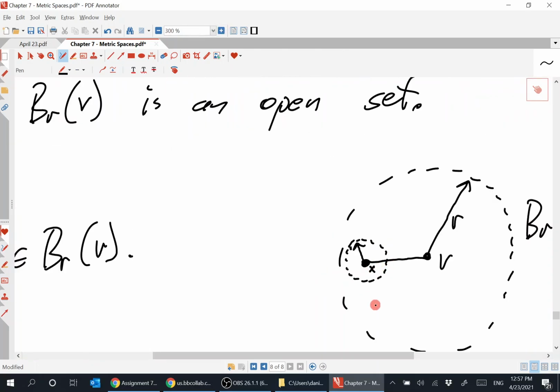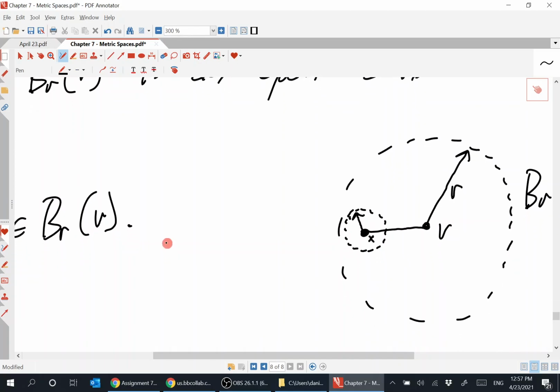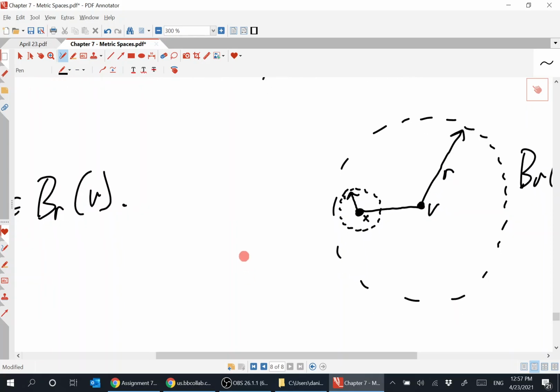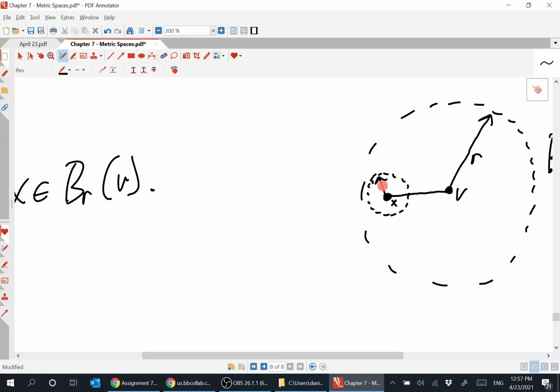A picture says a thousand words. The picture is not the proof, but it for sure illustrates what we're getting at. So what radius might we use to get the ball around x not to go outside the ball around v?